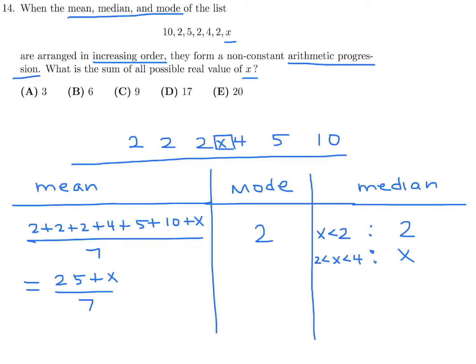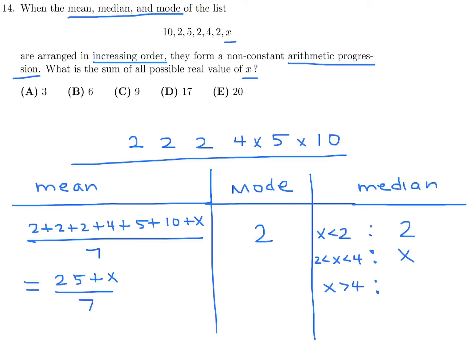And then what about the final scenario when x is greater than 4? Then this x is no longer here. It would be after the 4. It's greater than 4, so it would be here, or it might be here, or it might be there.